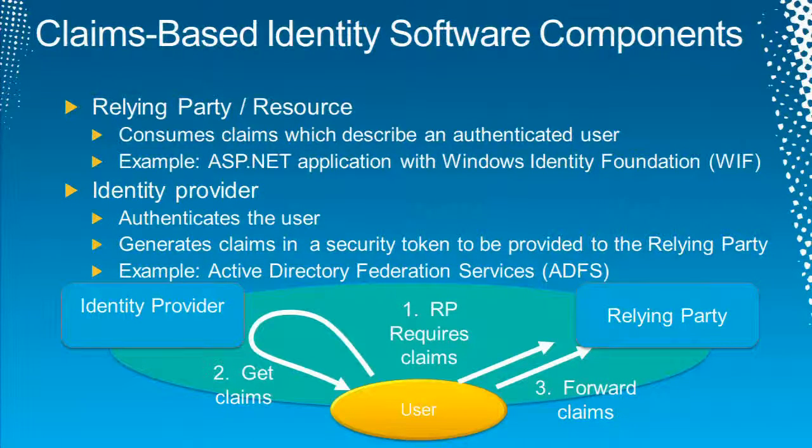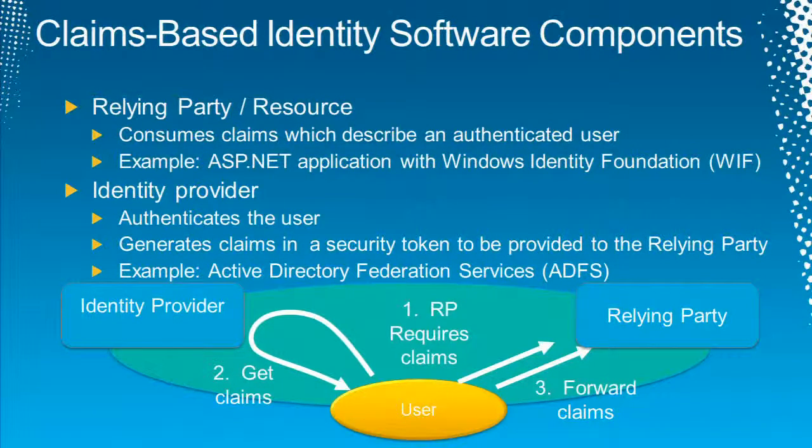If you're using Active Directory Federation Services as your identity provider, ADFS authenticates the user based on Active Directory. So if the user is already authenticated to their local domain, if they're running, let's say, on a domain joined machine, all that's taken care of for them automatically. If they're coming in from the extranet, ADFS can pop up a form that says, what's your username, what's your password, and authenticate the user. The identity provider then, once it's authenticated the user, builds up a set of claims.